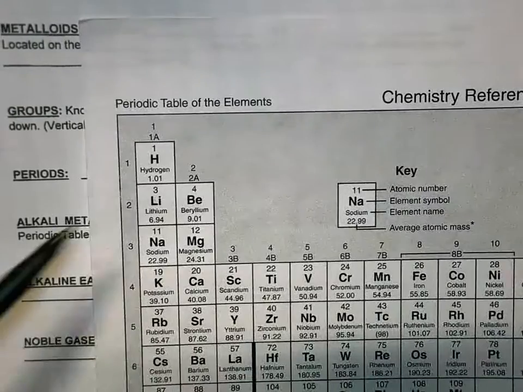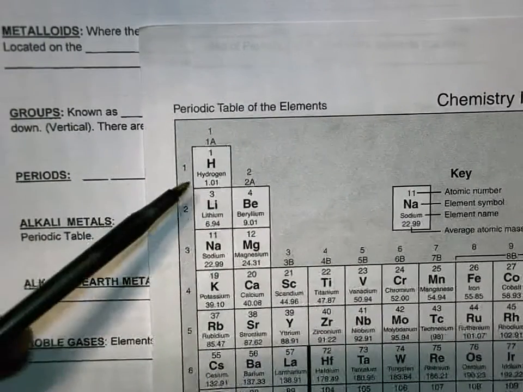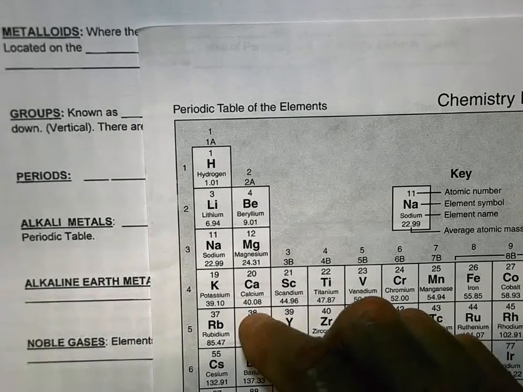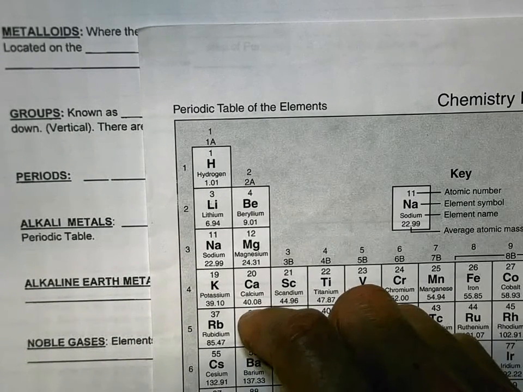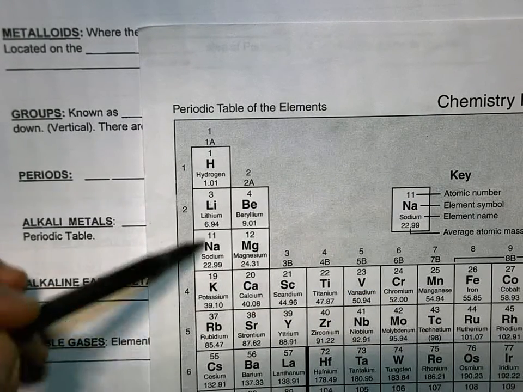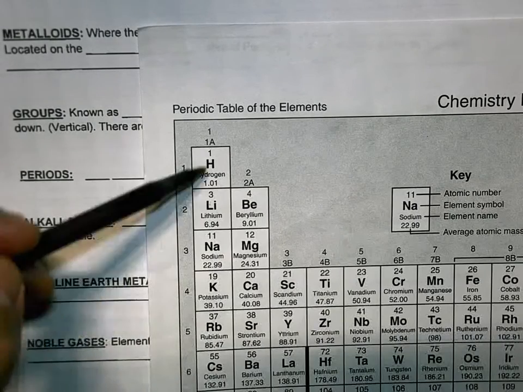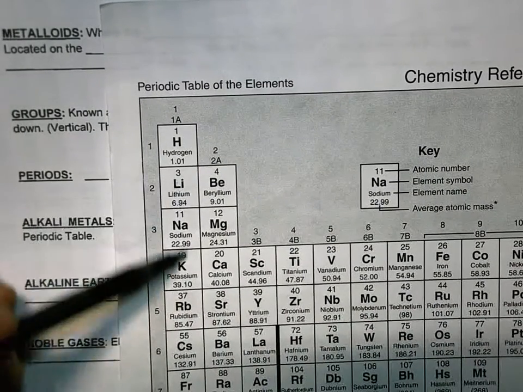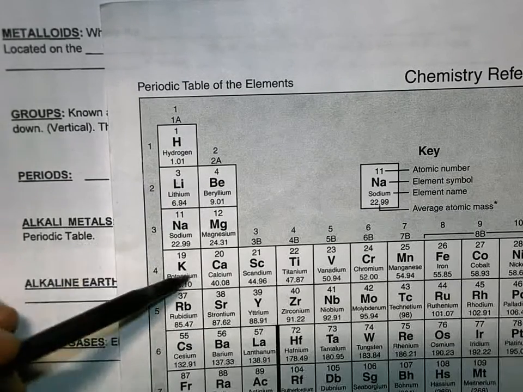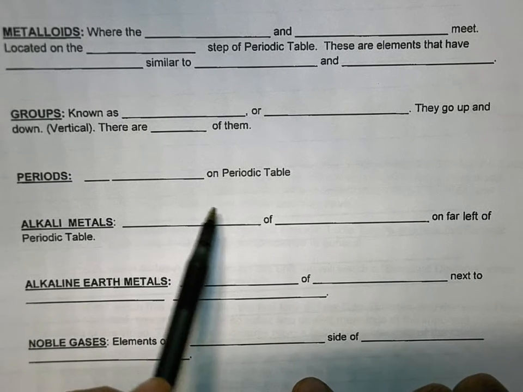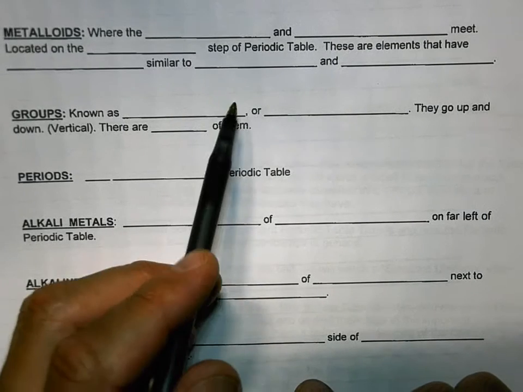These are the alkali metals right here: lithium, sodium, K, Rb. Hydrogen is in its own class. It's not an alkali metal. So from lithium all the way down, these are alkali metals.